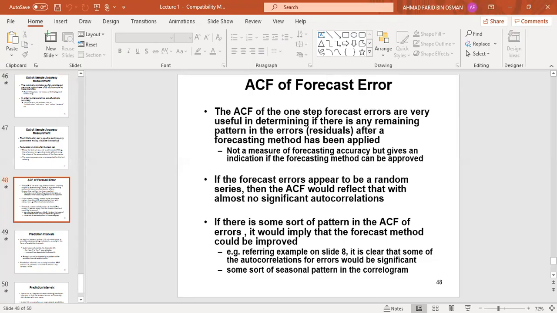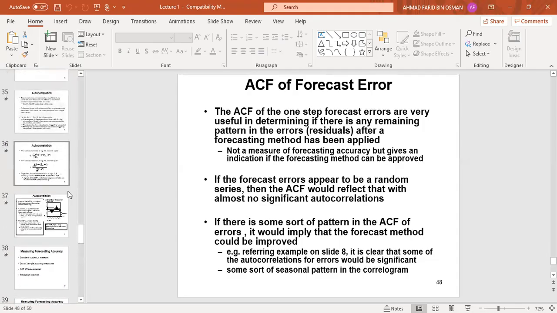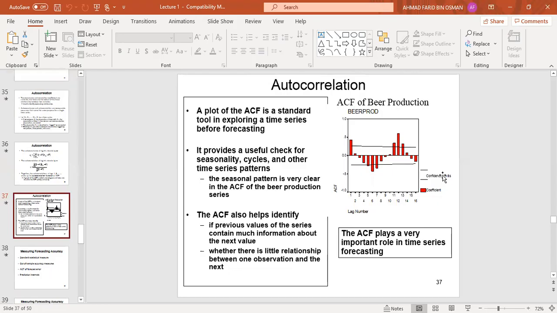But ACF also allows us to evaluate if there is higher order autocorrelation. Remember just now I explained that we used autocorrelation to assess the correlation between the current and the previous values of the same series.